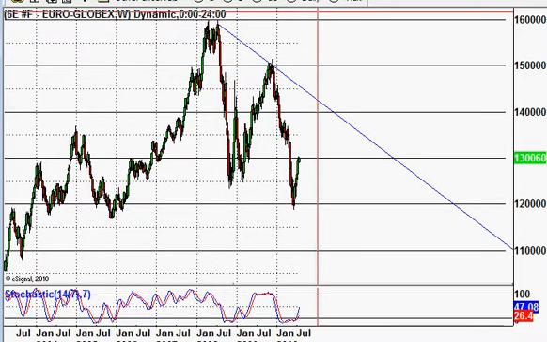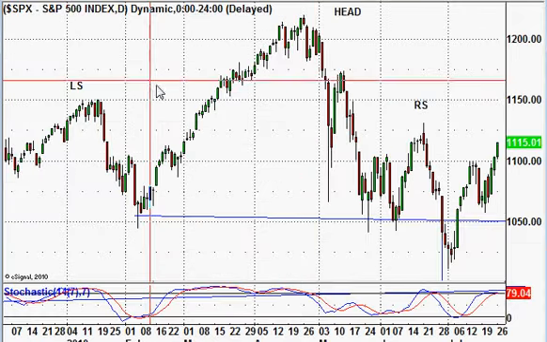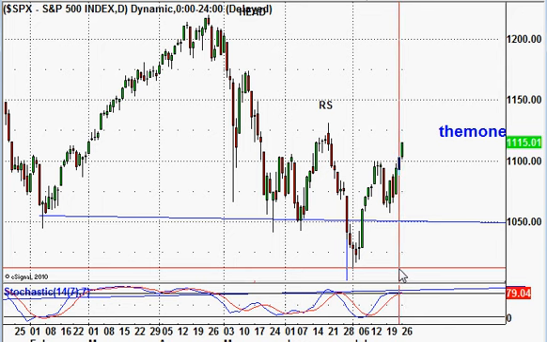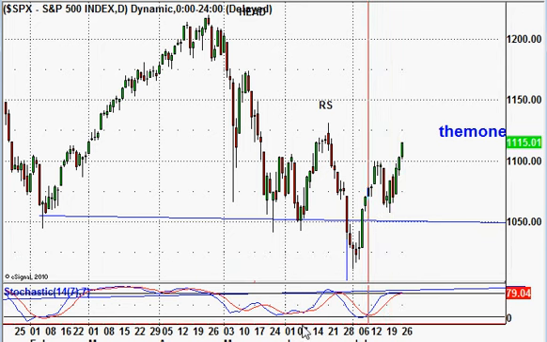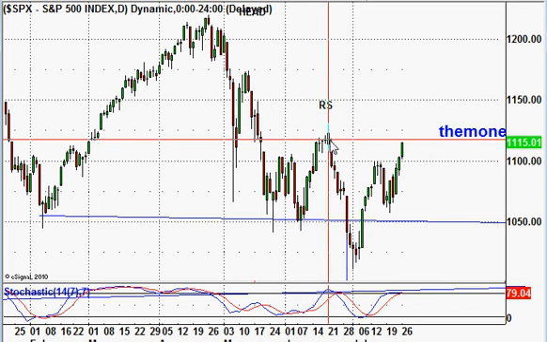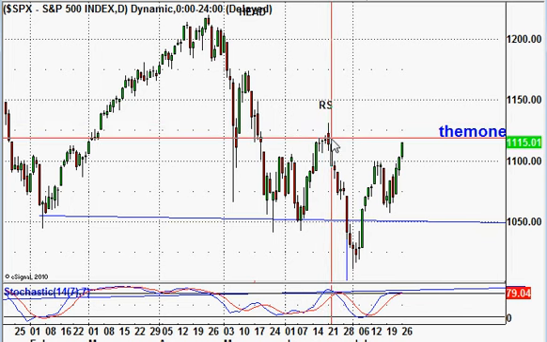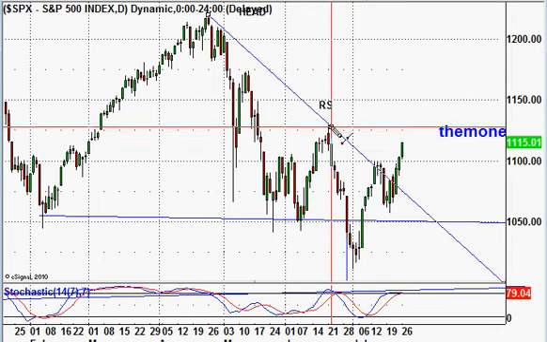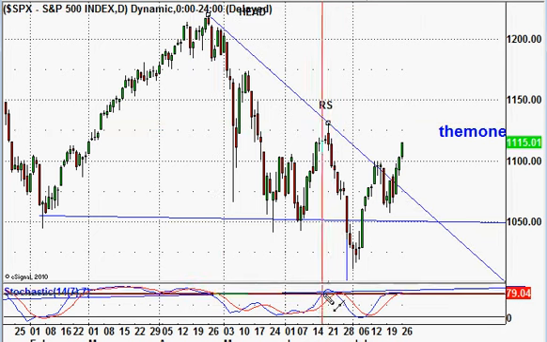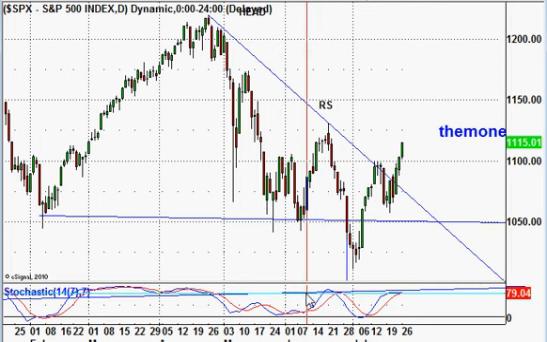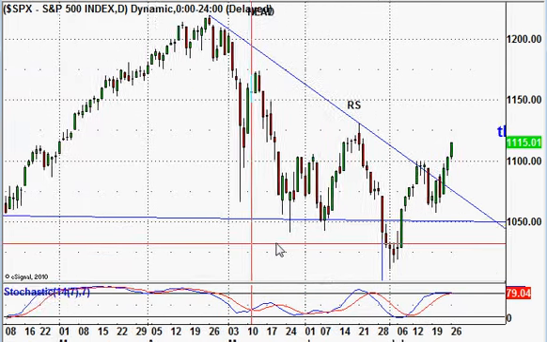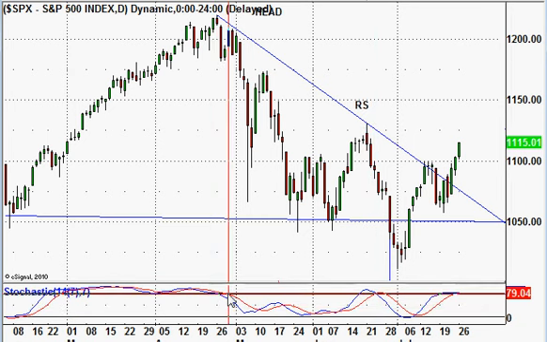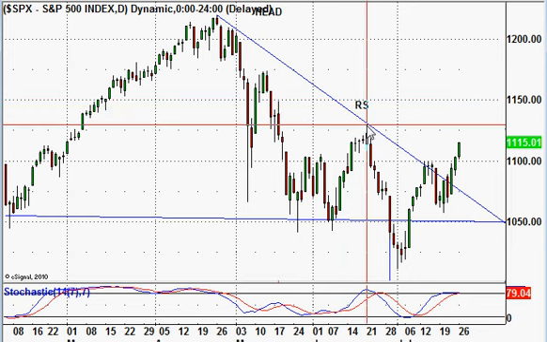So now we are going to see the most important one. It's the S&P, and as you can see, for example, you have this high right here and you have this high right here. So to the highs you go and check the highs of the stochastic, and as you can see here, the stochastic is almost at the same level as here and the price is much lower.